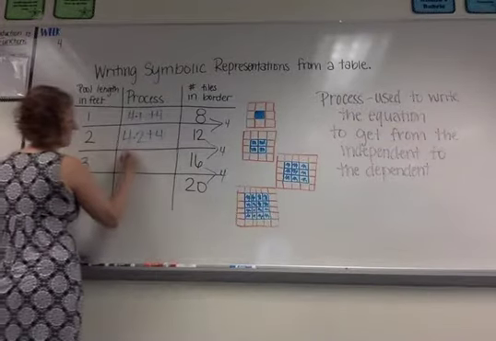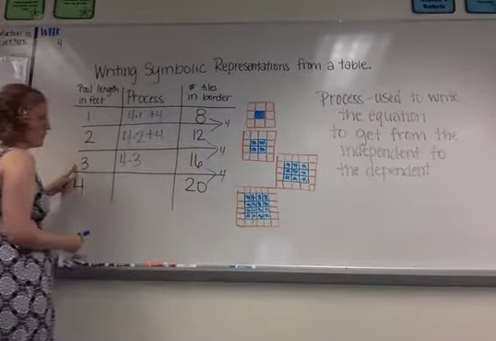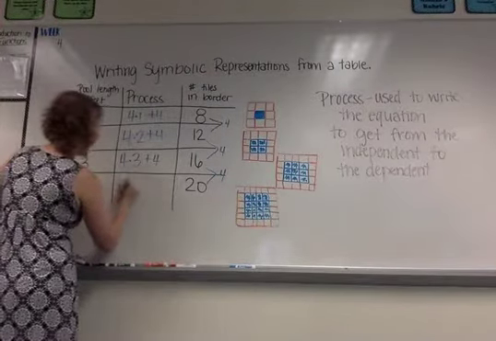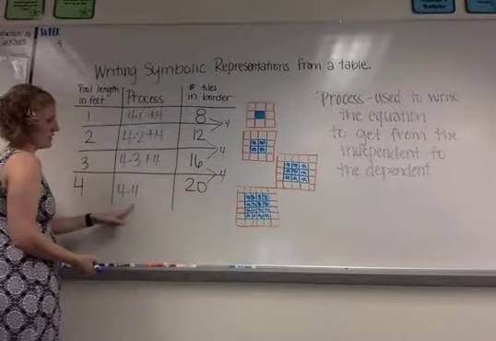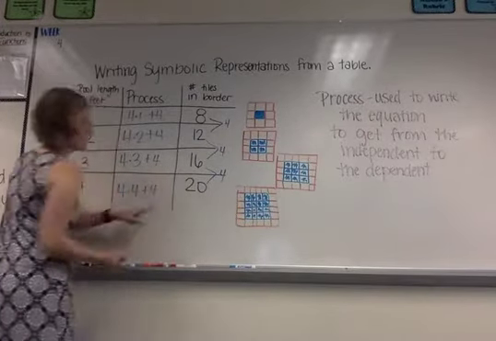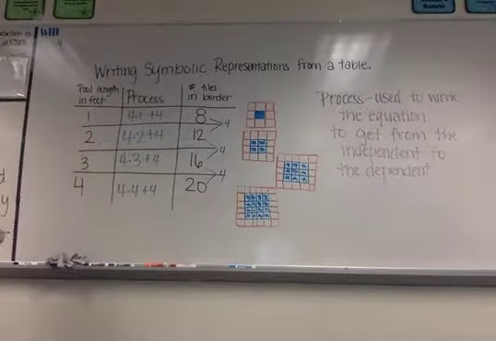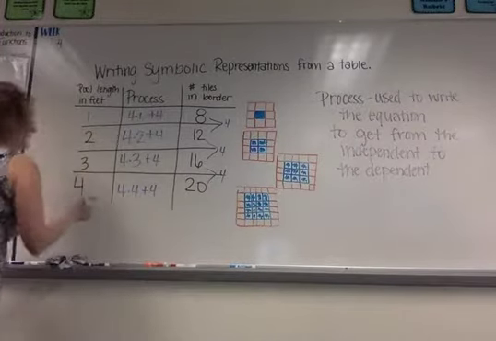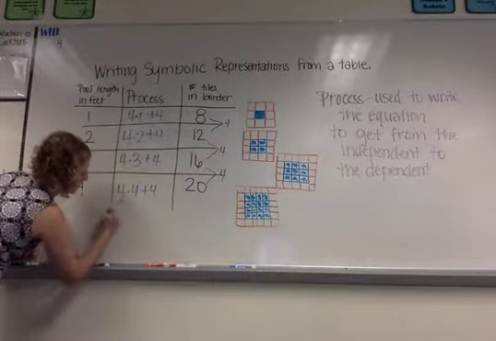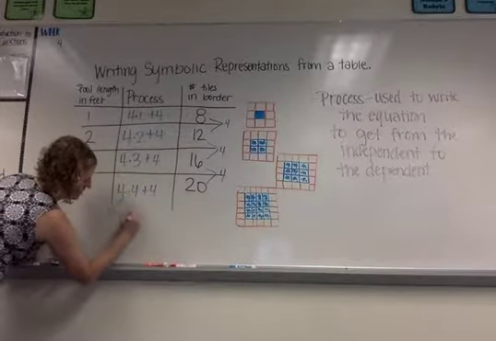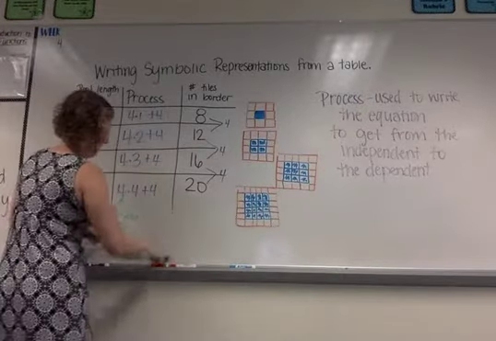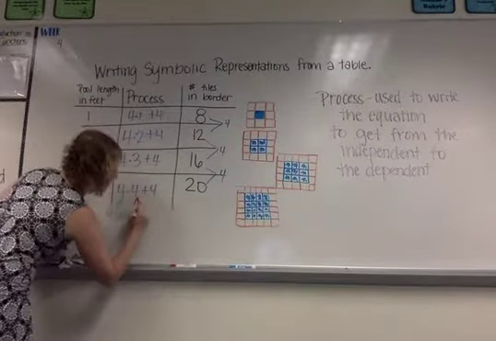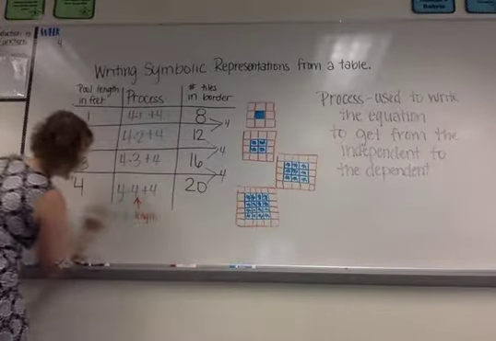Try the next one. 4 times 3 is 12, plus 4 is 16. 4 times 4 is 16, plus 4 is 20. So the first 4 came from 4 sides. This 4 came from the length, and this is the length right here.